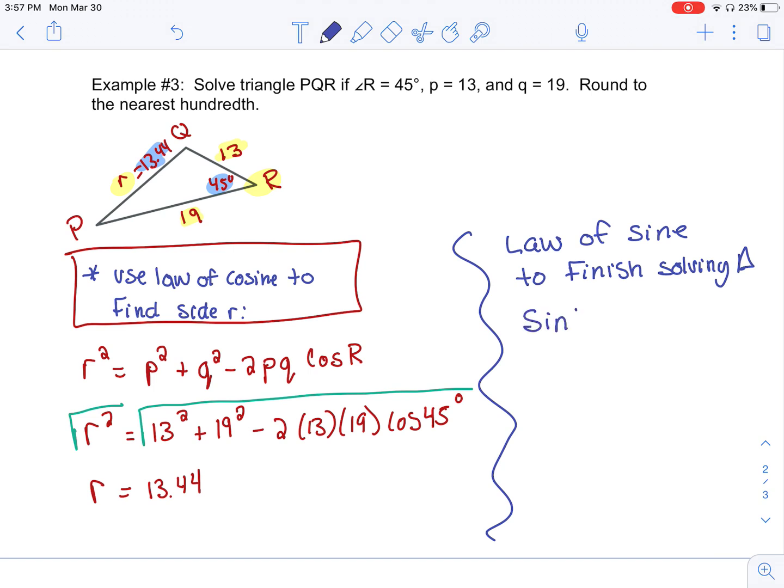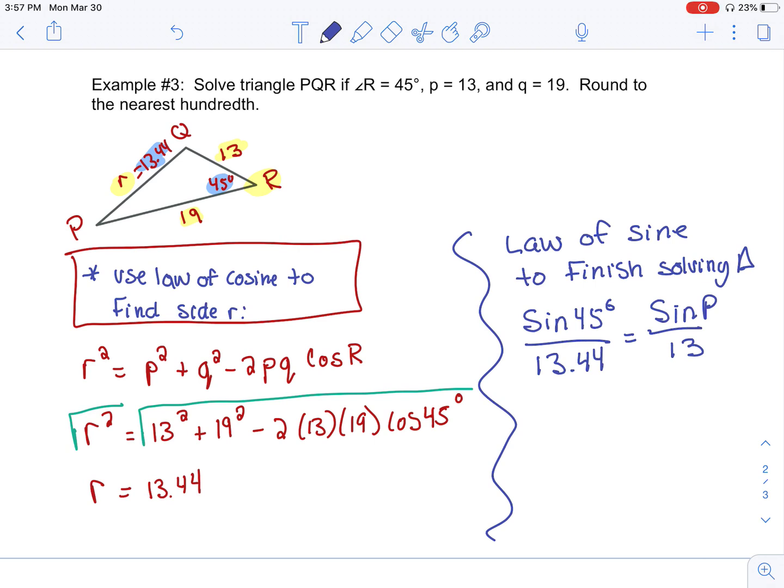So sine of 45 degrees over 13.44 is equal to sine P over 13. I can go ahead and cross multiply.